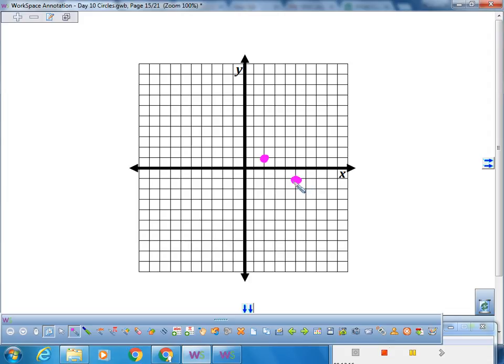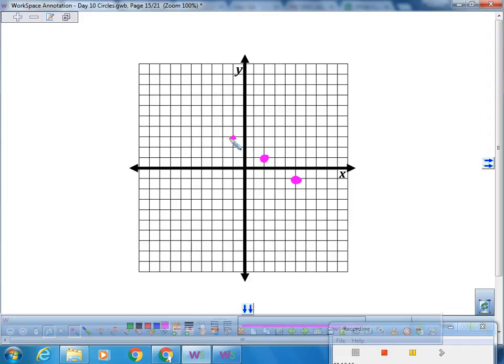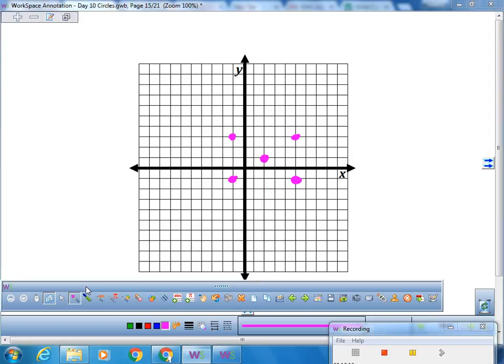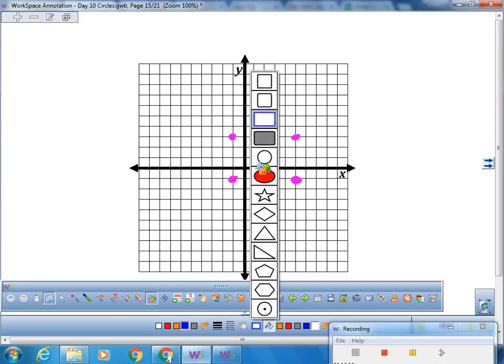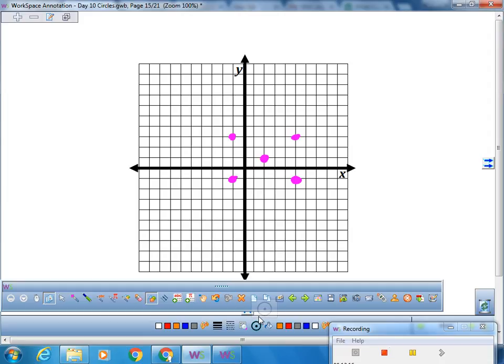If I want to make my circle, I would just do that in every direction. Down to over 3, up to over 3, up to over 3, down to over 3, and that's going to give me a perfect circle. You'll see. See that? So as long as you do the proper slope triangle in all directions, it will give you a circle. Okay? That was a really good question. Anybody else?